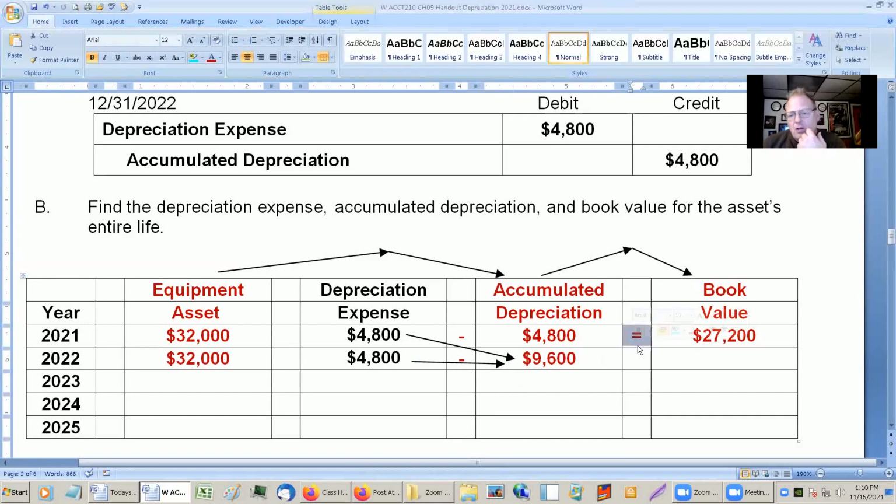Okay, so 32,000 minus 9,600 gives us some number.